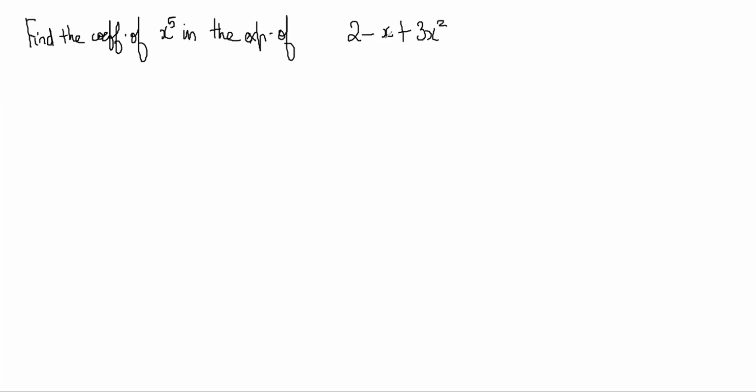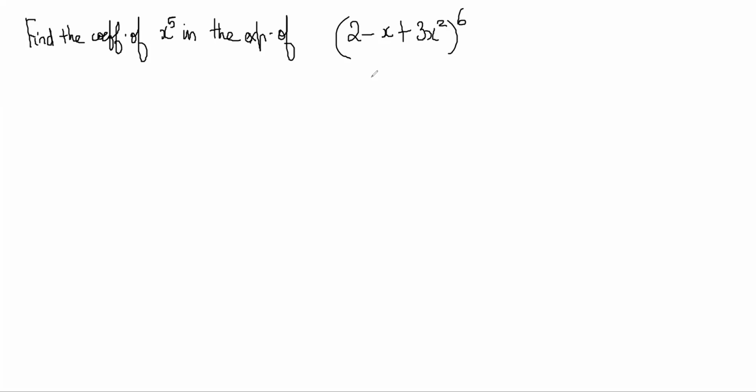Find the coefficient of x power 5 in the expansion of (2 minus x plus 3x squared) to the power 6. So I need the coefficient of x power 5.